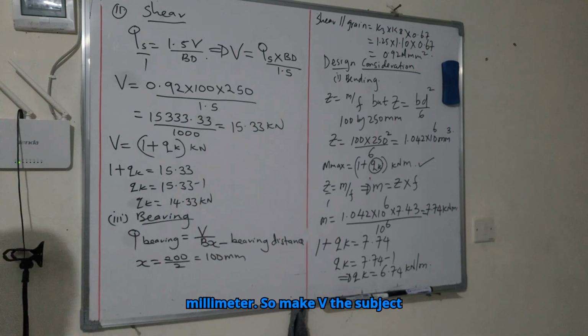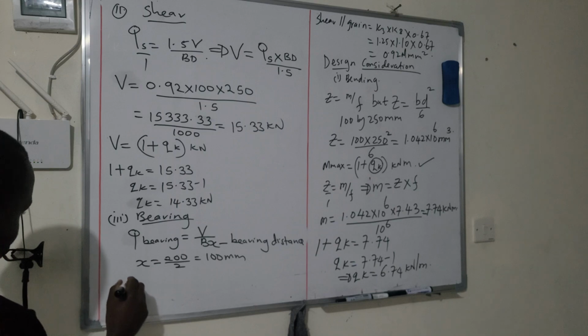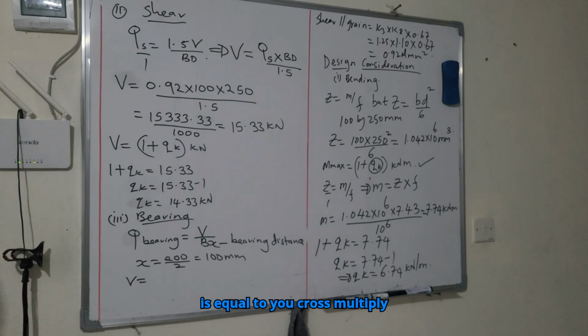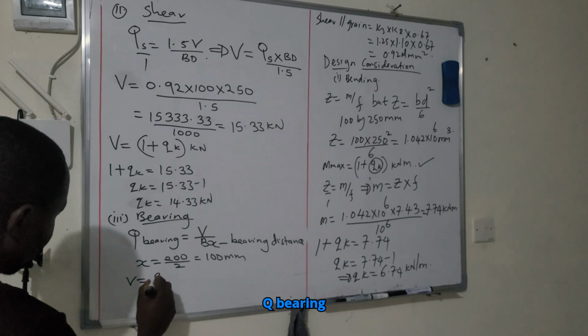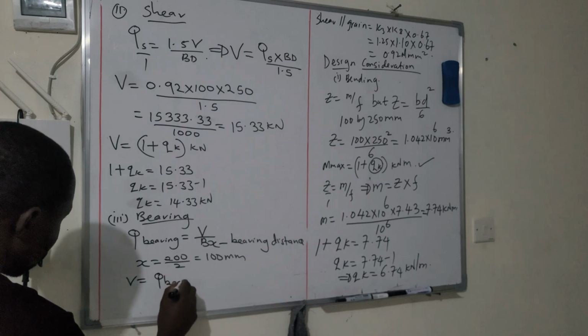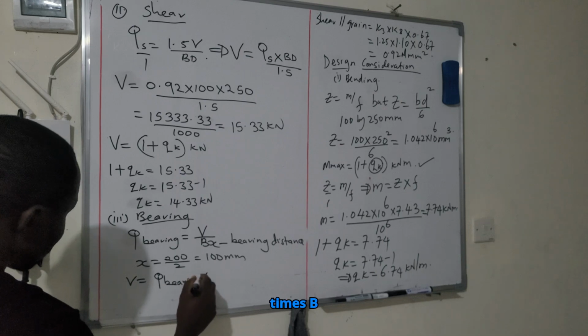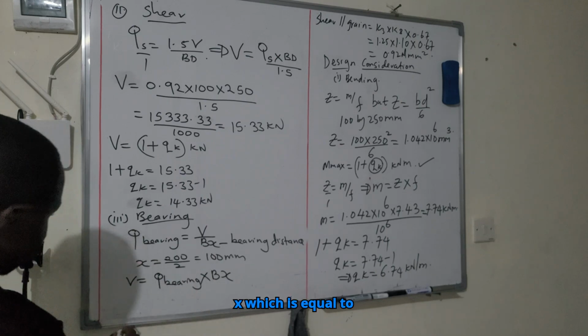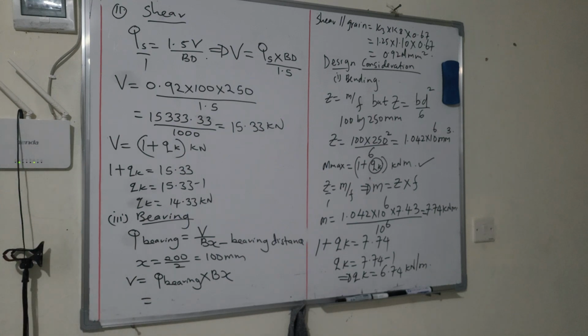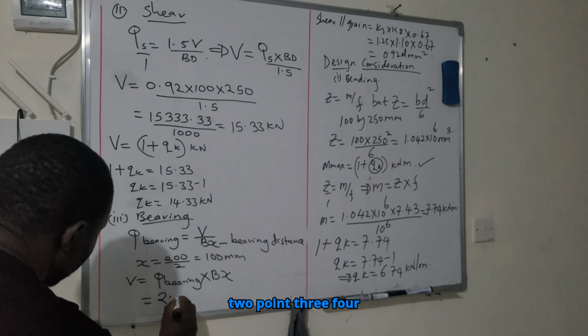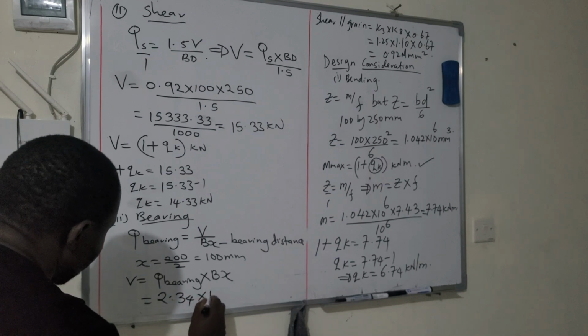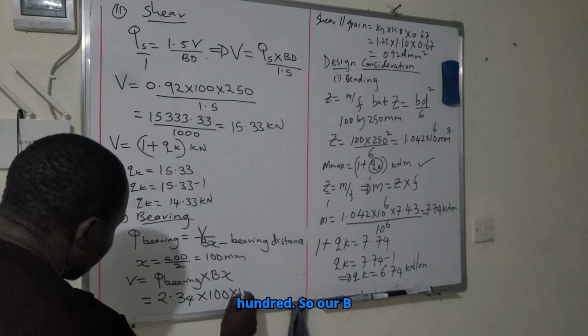So make V the subject of the formula. So V is equal to, you cross multiply, Q bearing times Bx, which is equal to, Q bearing is the permissible compressive stress, which is 2.34 times 100 times 100.